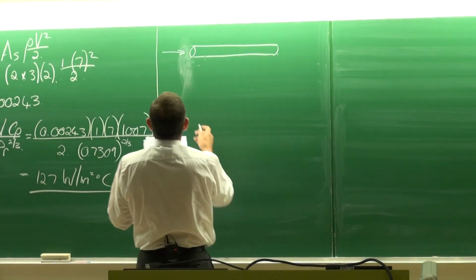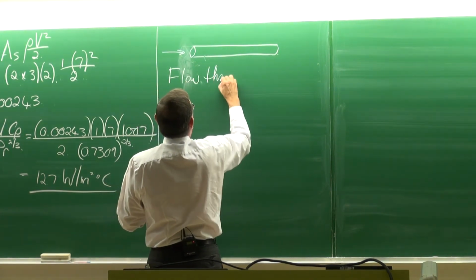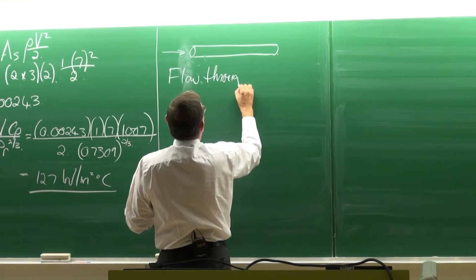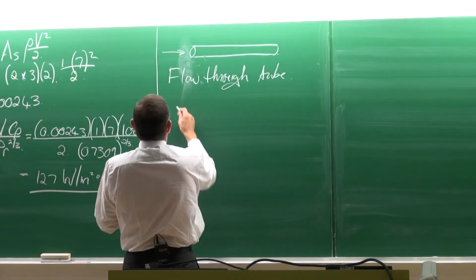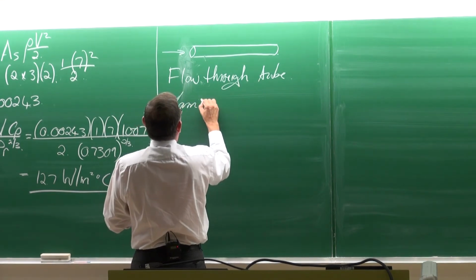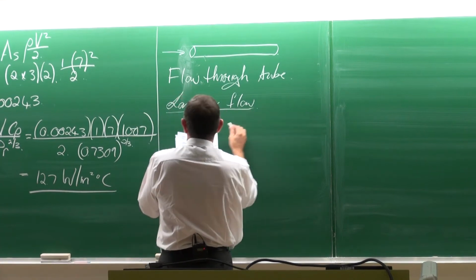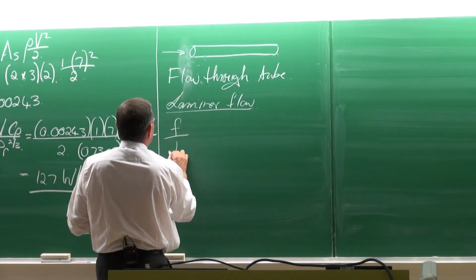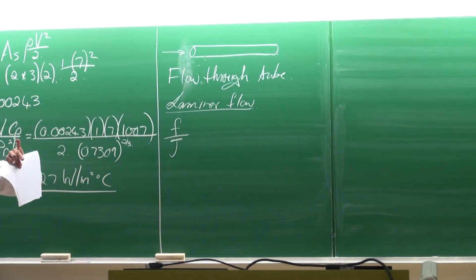So for flow through a tube, for laminar flow, F divided by J, and you will see the J is like that. It means the average value.